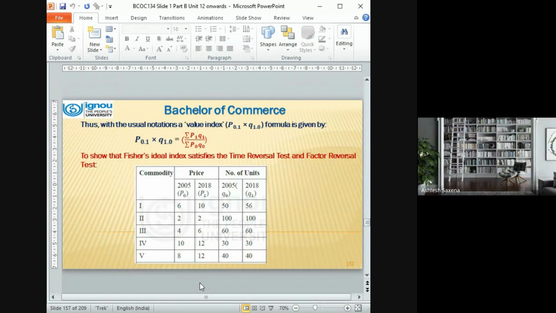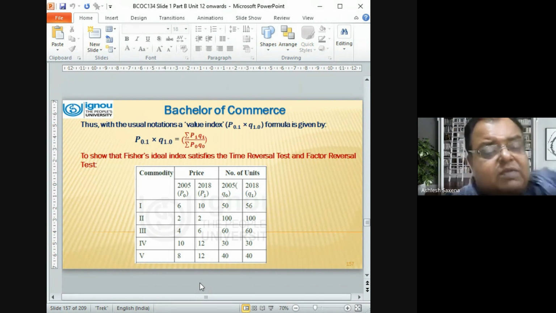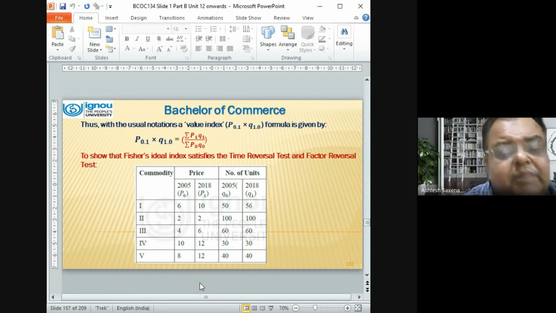This is the relation P01 into Q10, which is equal to summation P1 Q1 divided by summation P naught Q naught.